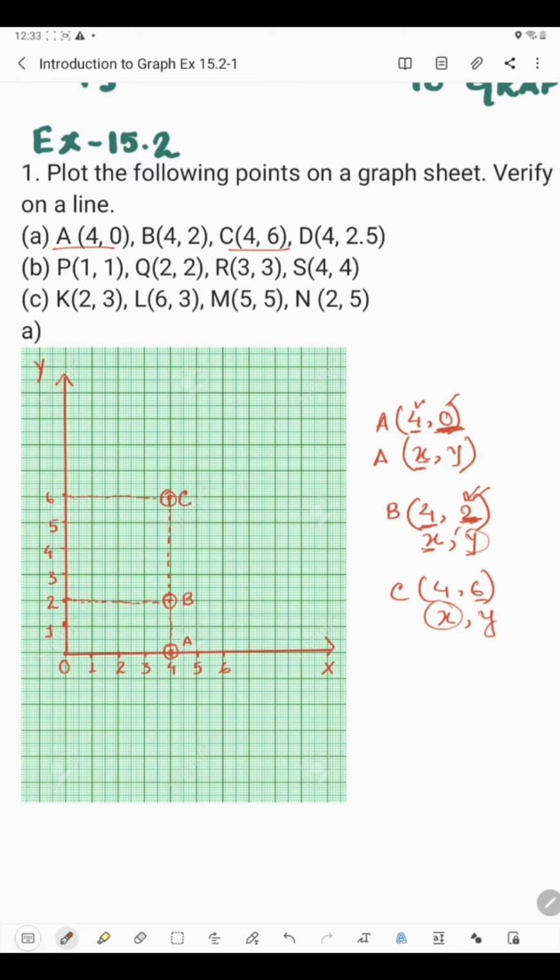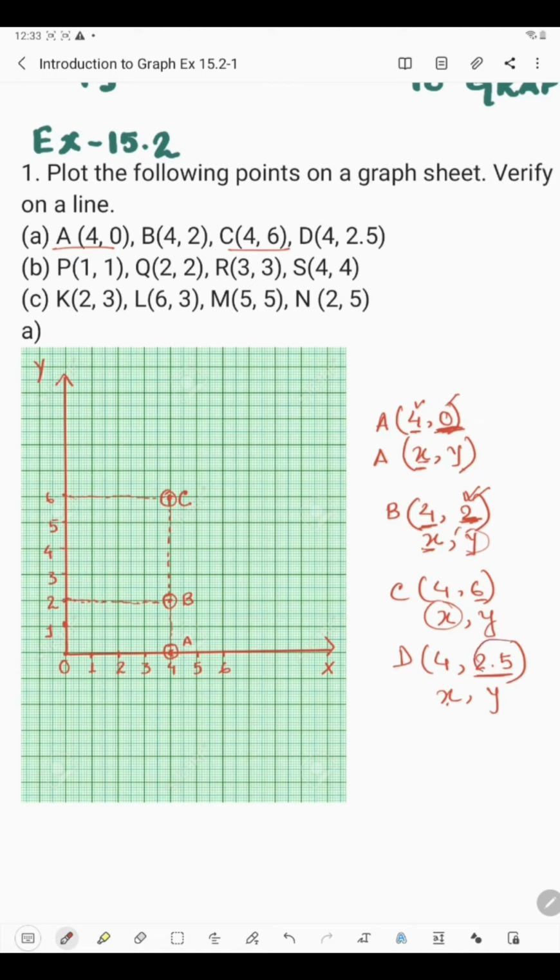Now D is 4, 2.5. The value of x is 4, that means again it will be here, 1, 2, 3, 4. And 2.5, where is 2.5? See, in between, here is 2.